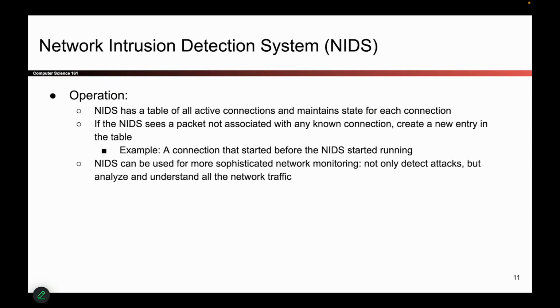And if you want to, you could also extend this beyond detecting attacks. So while we'll focus on detecting attacks, you could also think of using a NIDS to analyze traffic. How many users are sending packets into the server? How many employees are using the internet? And when are they using the internet? Those are questions you could also use a NIDS to answer.